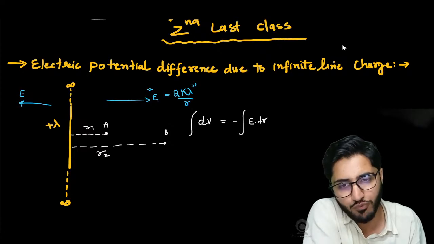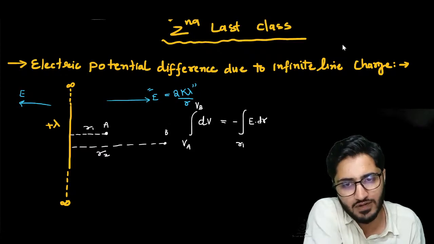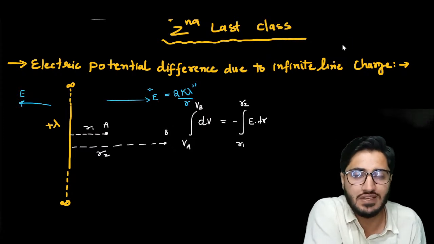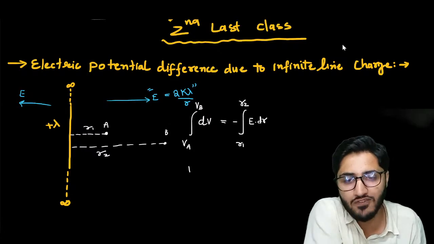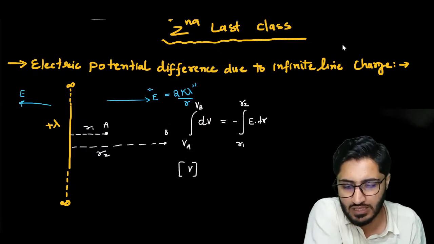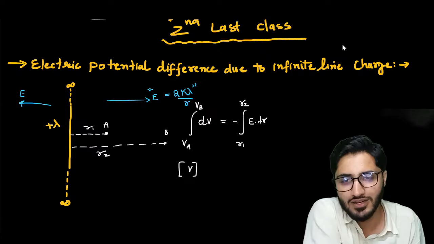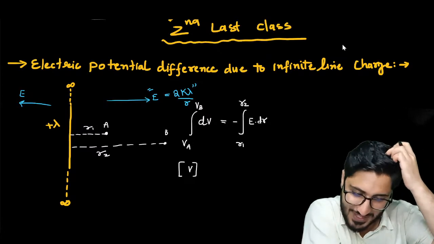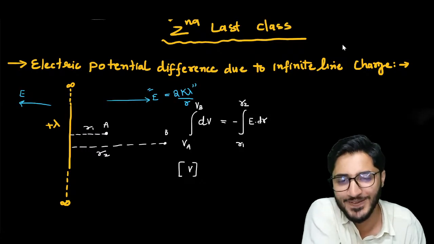I have to find the potential when going from point A to point B. At point A it is R1, at point B it is R2. You need to write this expression. What is the integration of dV? Sir, the integration of dV would be V only.